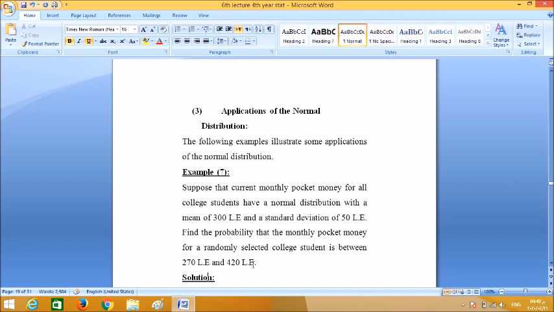Find the probability that the monthly pocket money for a randomly selected college student is between 270 pounds and 420 pounds. Okay, so here the mean is 300 pounds and the standard deviation is 50 pounds. And now we have to compute the probability that a selected student has pocket money between 270 and 420.